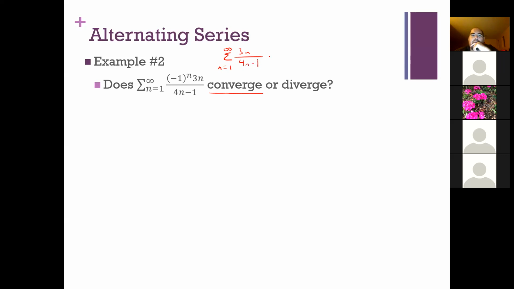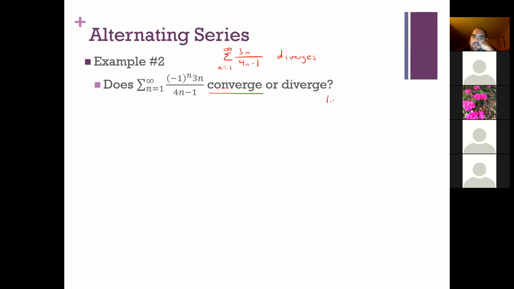What does it do? No, it diverges. Why does it diverge? Because when you take the limit, you get 0.75.